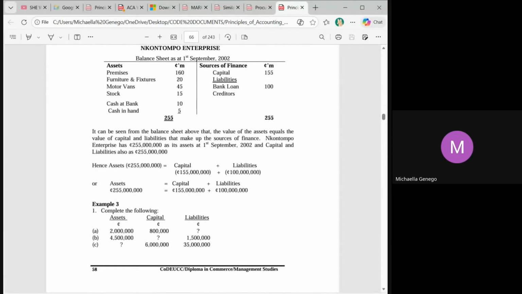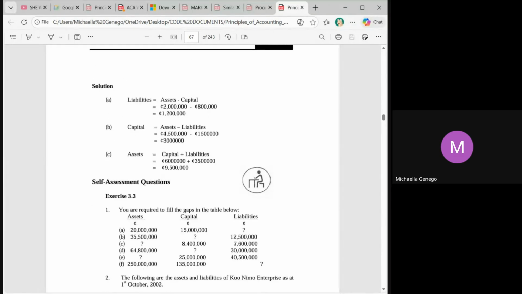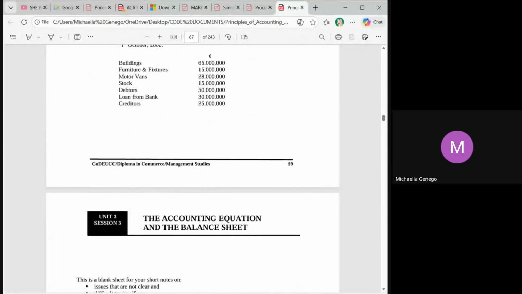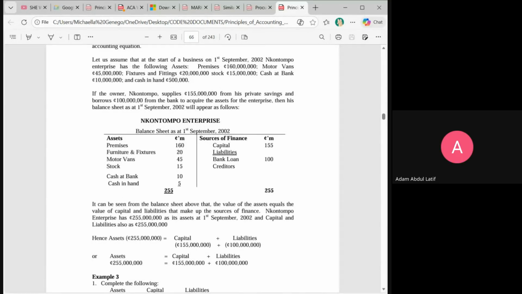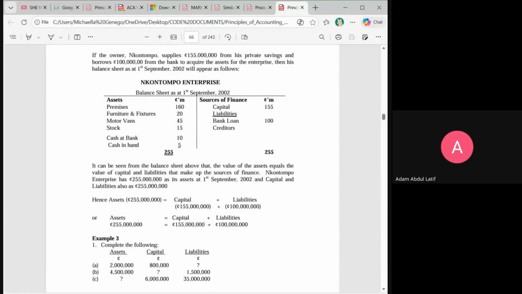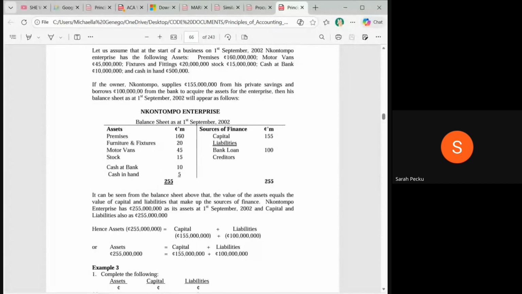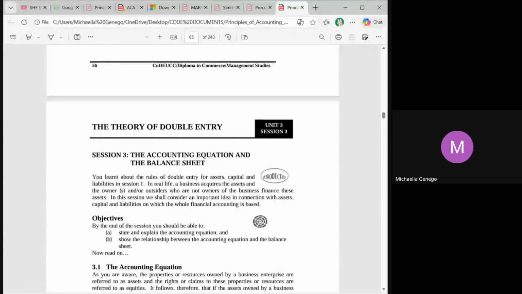What's the accounting equation? Asset is equal to liability plus equity.